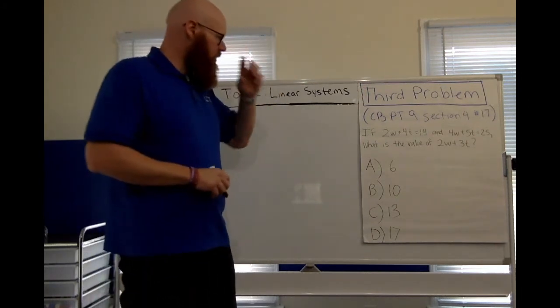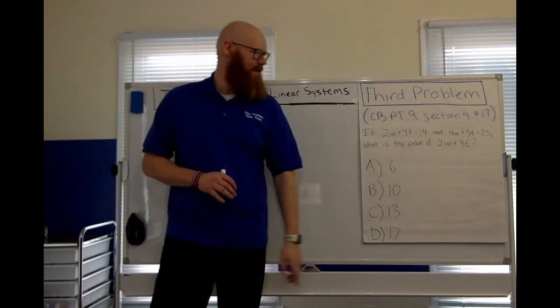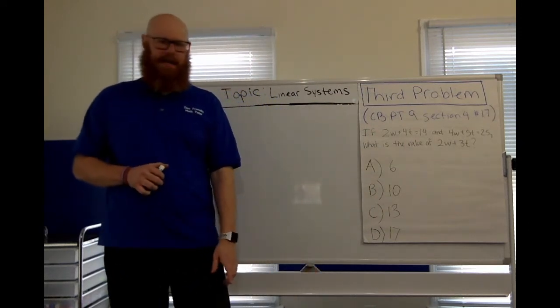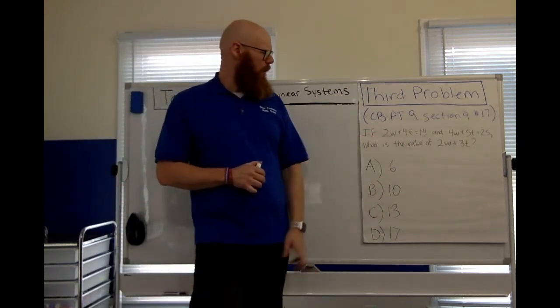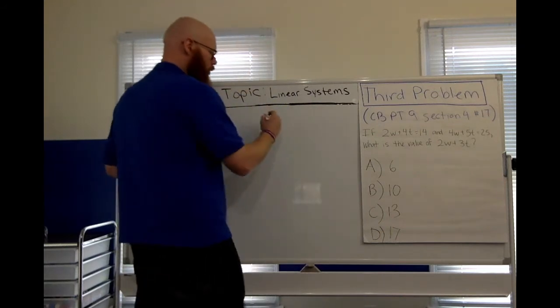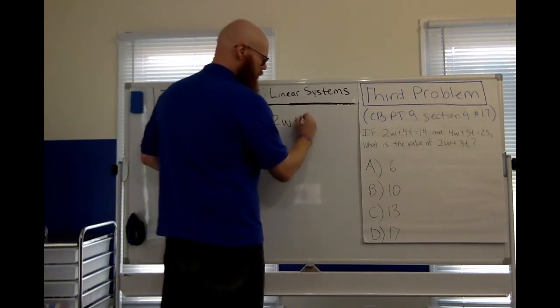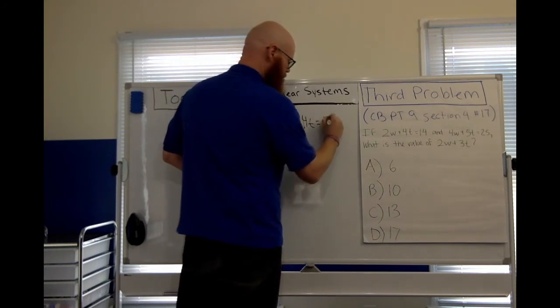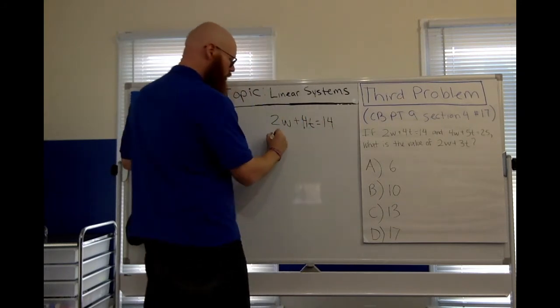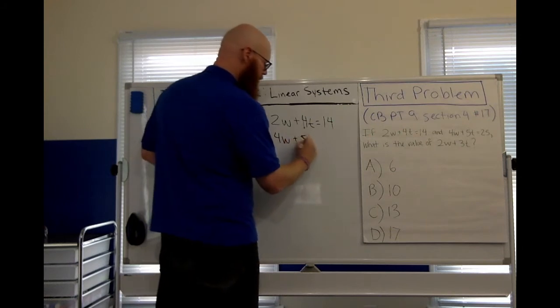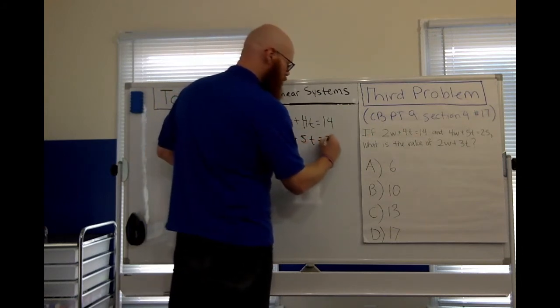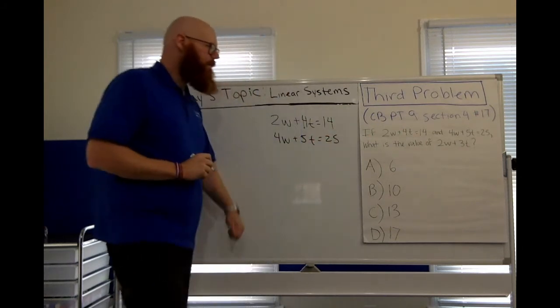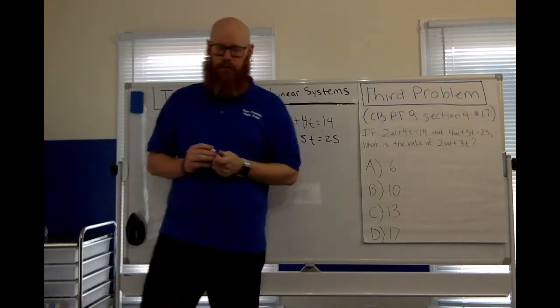So this is College Board Practice Test 9, Section 4, number 17. It says if 2w plus 4t equals 14, and 4w plus 5t equals 25, what is the value of 2w plus 3t?